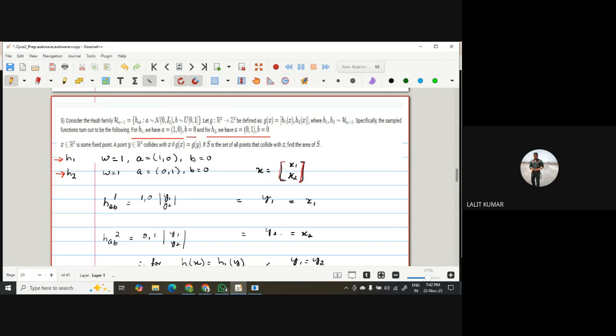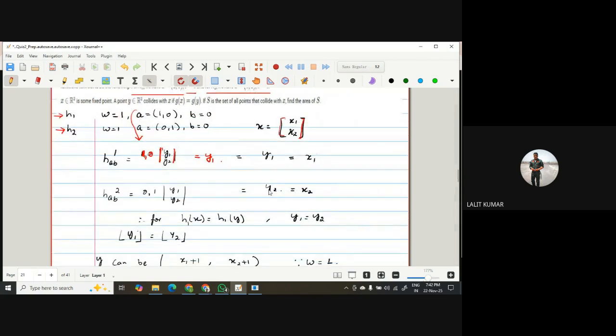Now hash 1 of AB will be 1, 0 into Y1, Y2. A is 1, 0. If you multiply this, you get Y1. Now for collision, it means your Y1 has to be equal to X1. Then only collision will take place.